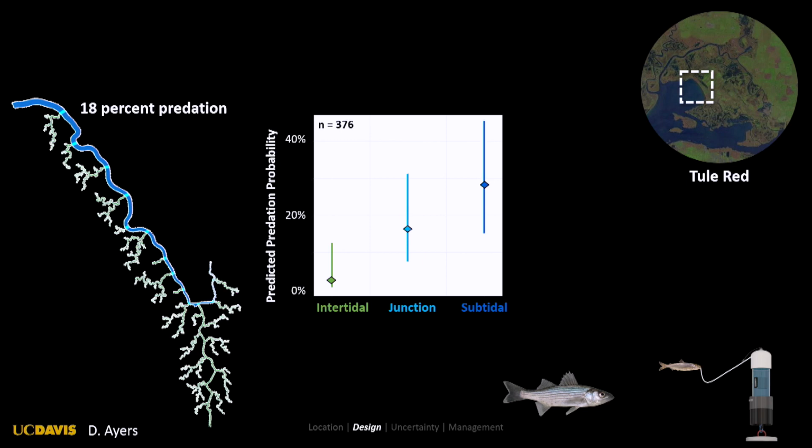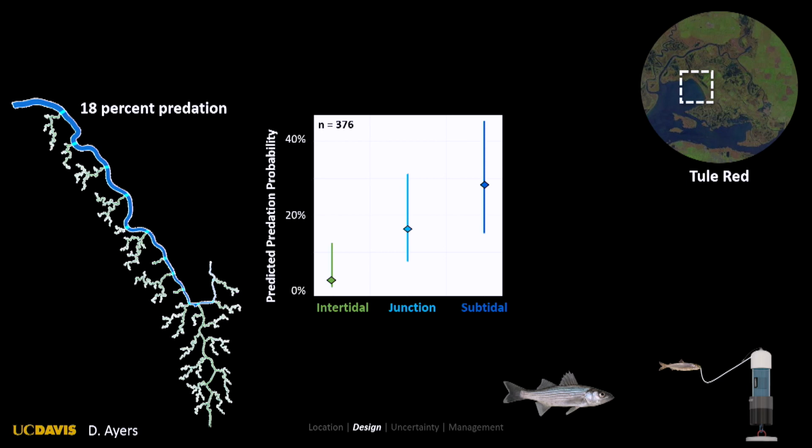But they're not eating the same way everywhere in the marsh. So this is work done by some predation event recorders in Suisun Marsh, looking at predation rates in different habitat types within a marsh. Specifically, intertidal channels, the subtidal channels, and then the junction between the two.